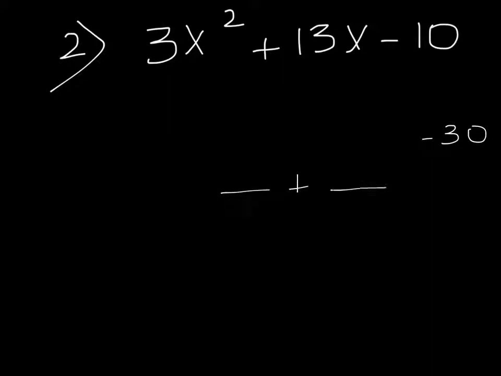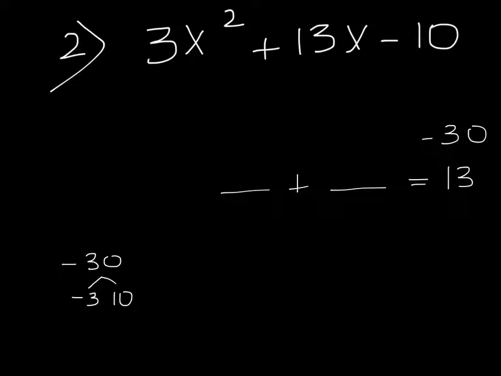Think of 2 numbers that would add to give me 13. So I'm going to take -30 on this side and think of all the numbers that would multiply to give me -30. So let me think. It's -3 and 10. -3 times 10 is -30, but they will not add up to 13.